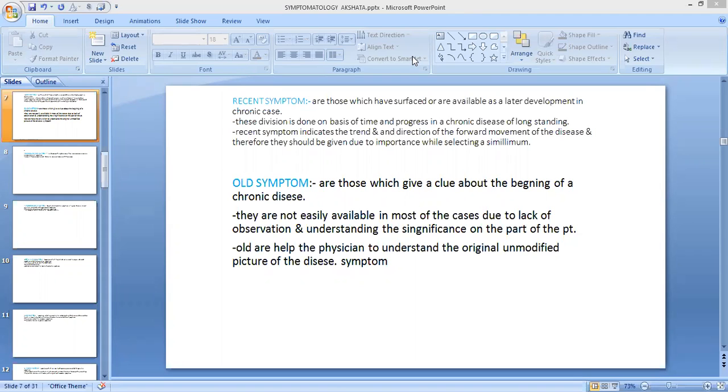So there is a mixed disease condition or mixed symptoms. It may be the original disease symptoms plus some medicinal symptoms. So to get the original unmodified picture of the disease, what is exactly the original disease of the patient, these old symptoms are very helpful.